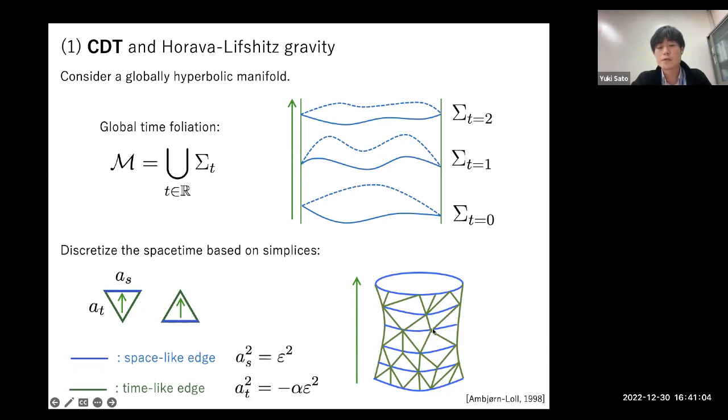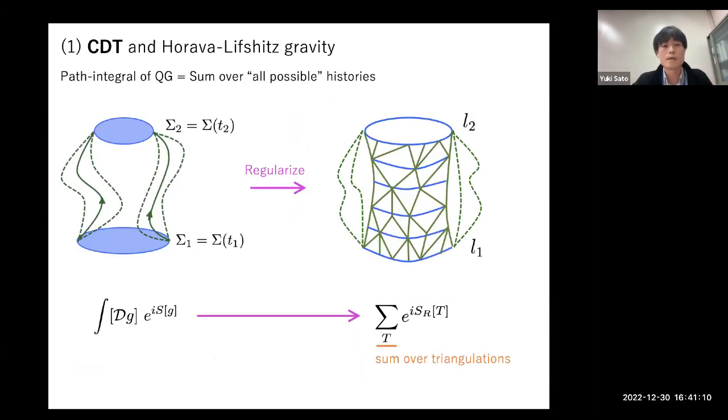Okay, to quantize this space-time, we use the path integral. The path integral of quantum gravity is that you fix the boundary data of the initial and the final boundaries, so fix the geometry of the boundaries, and take the sum over all possible histories between them. And this can be achieved by the functional integral with respect to the metric, like this.